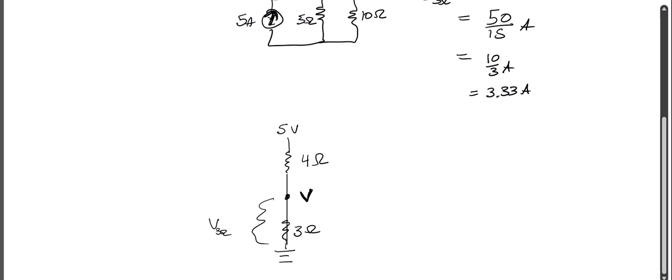And the reason why that'd be the voltage right there is because I have ground at the bottom of the 3 ohm resistor. The voltage across the 3 ohm resistor is going to equal the total voltage, which here is 5 volts, times, and this is the opposite of the current division, 3 ohms over 3 plus 4 ohms over 7 ohms, or 15 volts over 7, which is whatever that is.